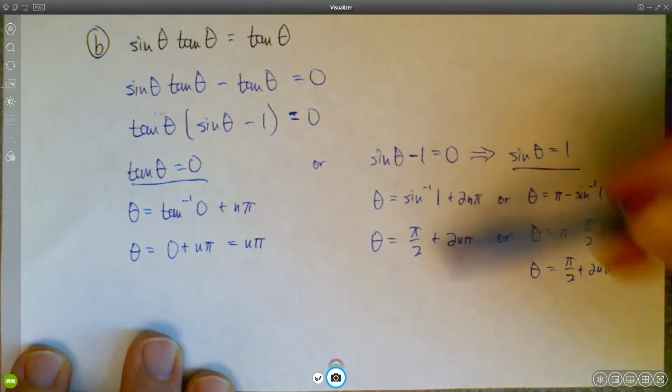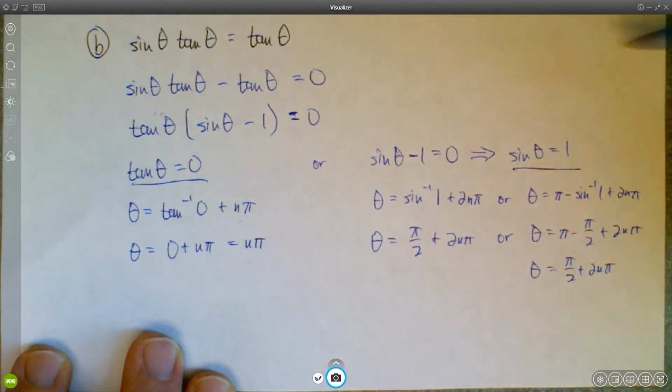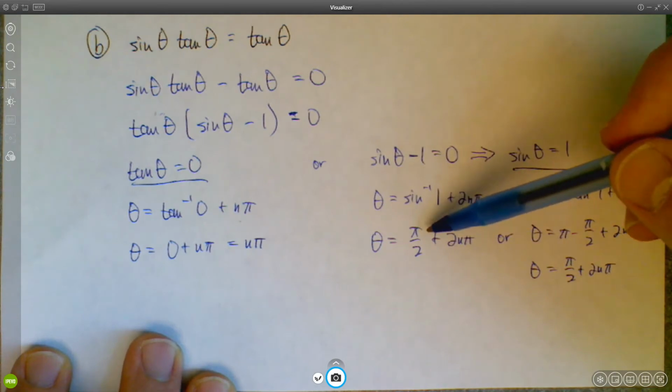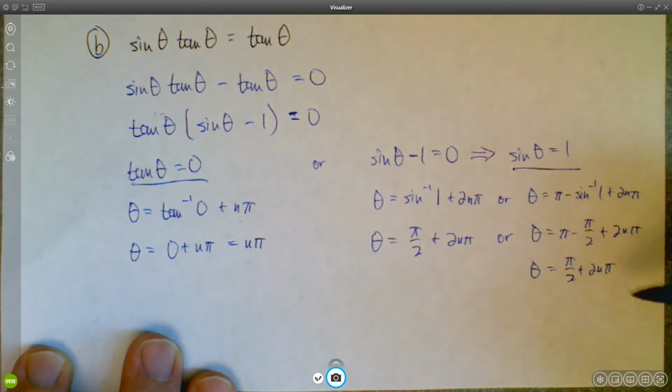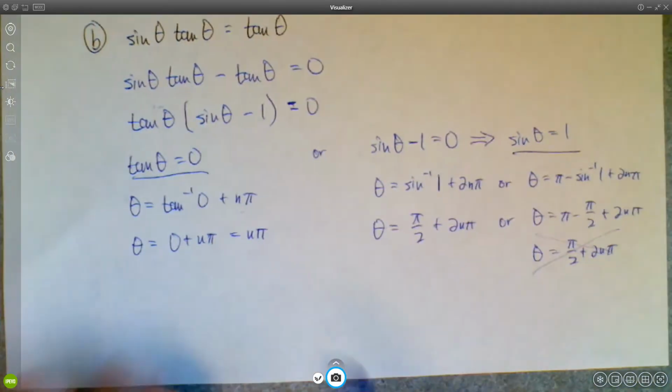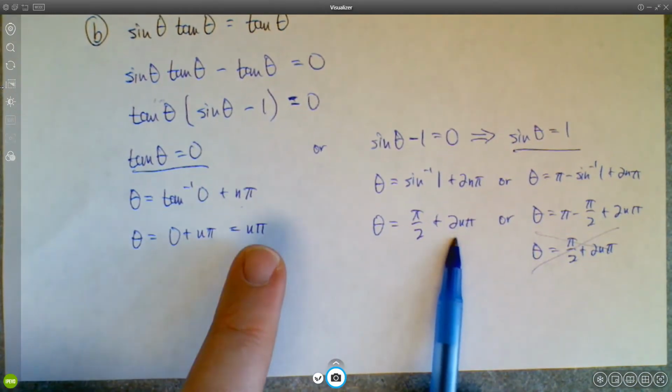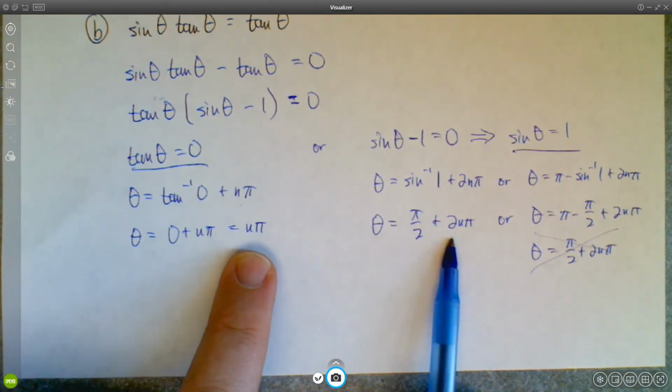So for this second kind of equation that we've solved here, we're discovering that either theta equals pi over 2 plus 2n pi, or theta equals pi over 2 plus 2n pi. Well, that's just repetitive, right? You don't get any extra information from this second statement. It's not that it's wrong, it's just that it's redundant, right? So really we get these two solutions, n pi or pi over 2 plus 2n pi.